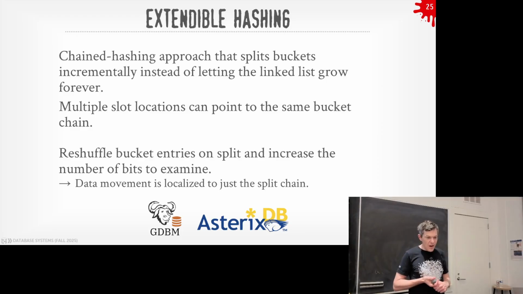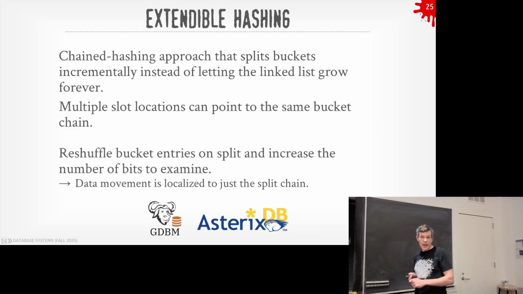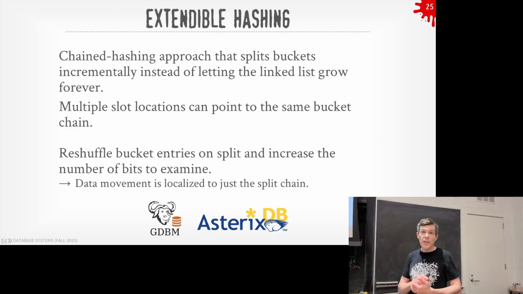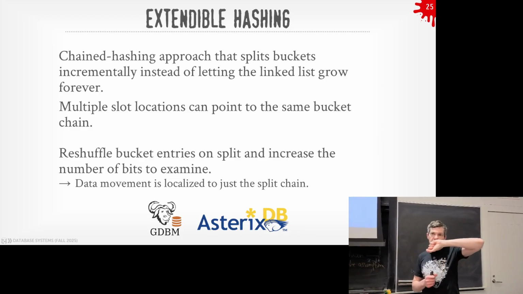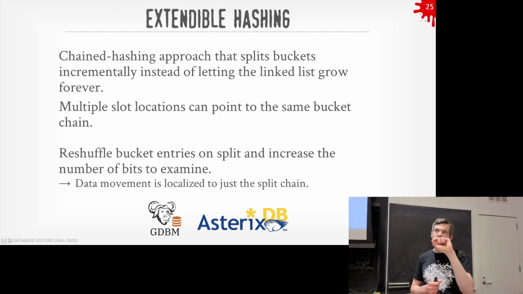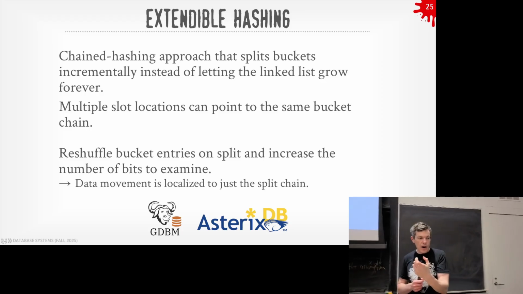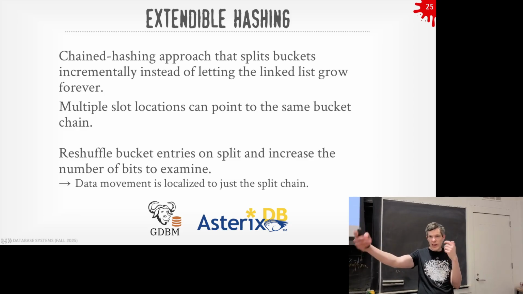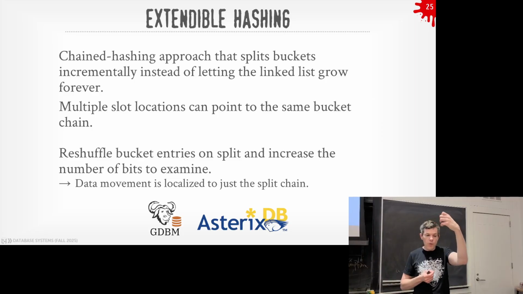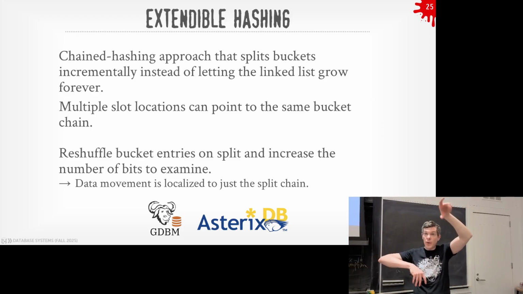All right, so extendible hashing is a more sophisticated dynamic hashing scheme that builds upon the chain hashing approach I just saw before, where when I want to start resizing the data structure, I'm going to split buckets. Instead of just letting this linked list grow forever, which again could end up being O(n), when my bucket gets full, I'm going to split it and redistribute the keys inside that bucket.